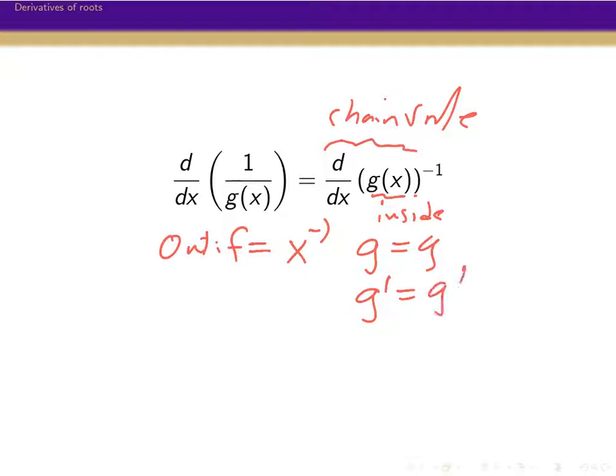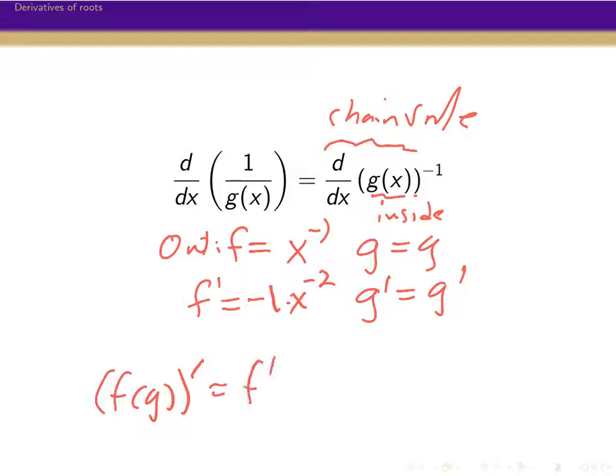The derivative of g is just going to be the derivative of g, but what's the derivative of x to the minus 1? Well, this is a power rule problem now. The power comes down, and then taking 1 away from minus 1 gives us minus 2. Now when we work this into the chain rule, the derivative is f prime of g times g prime.